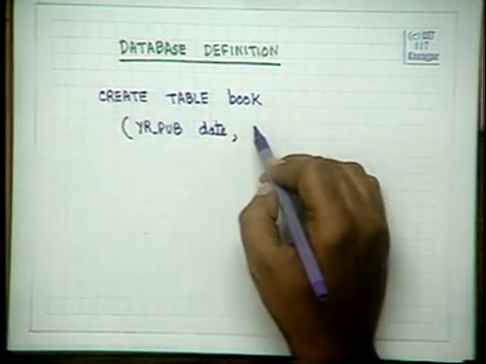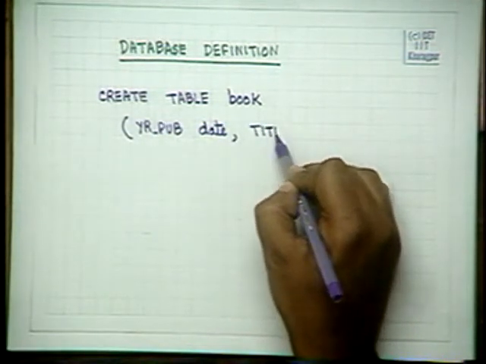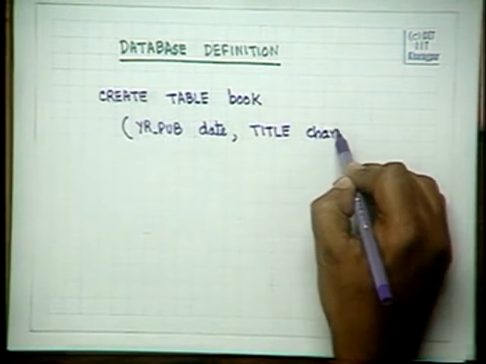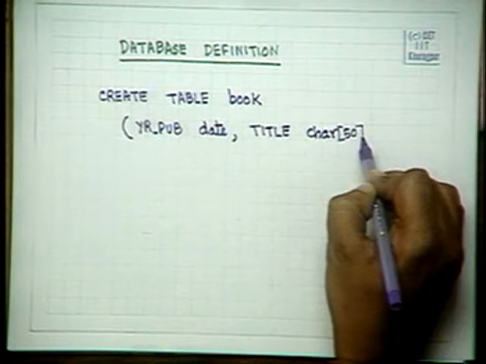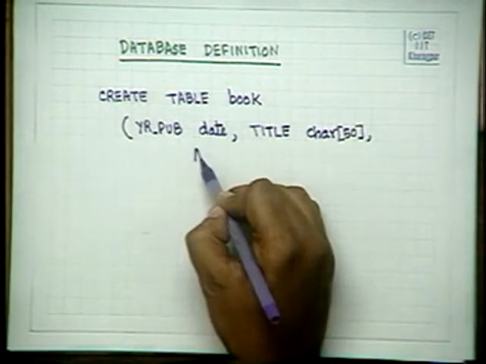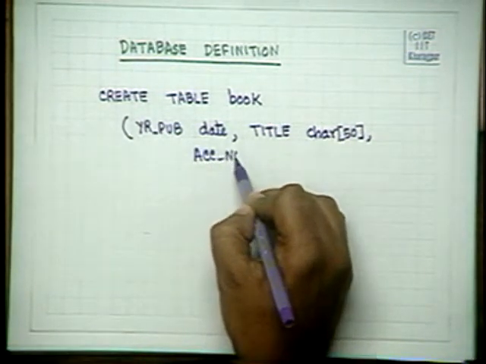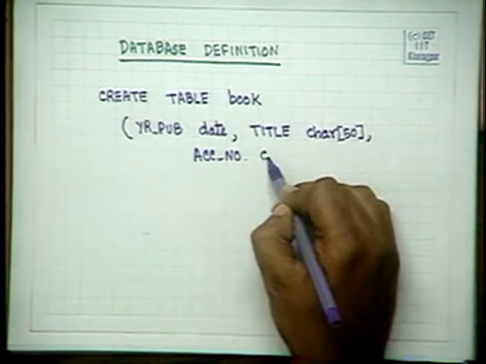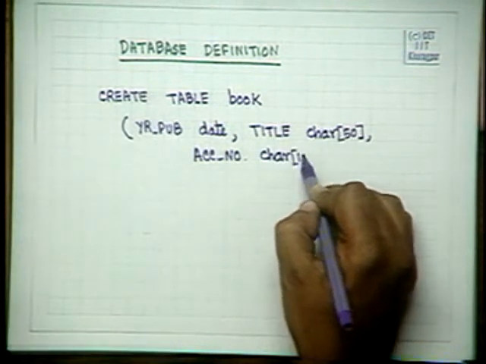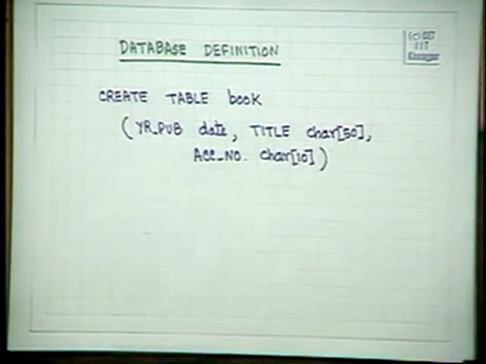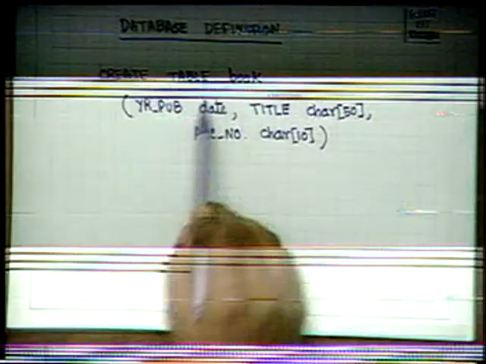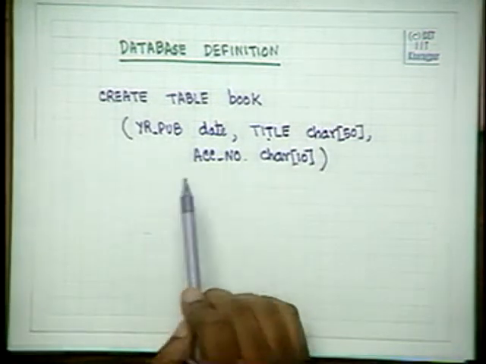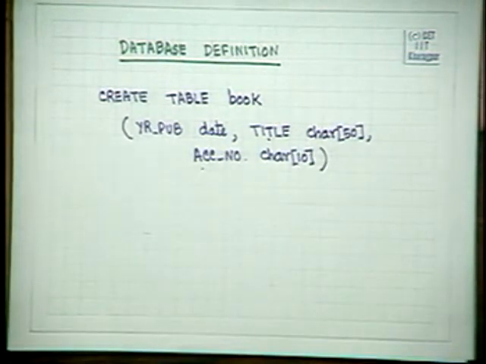Then we have title, which will be of type character 50, and we have accession number, which will be of type, say, character 10. This is how you define the book: the attribute, the type of the attribute.